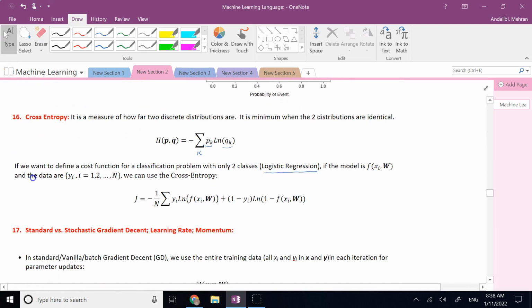For logistic regression, when the goal is to identify only between two classes and we use the sigmoid function, we want to measure how good the model is.